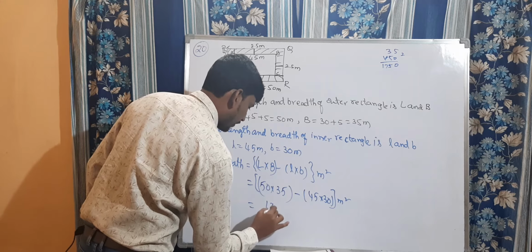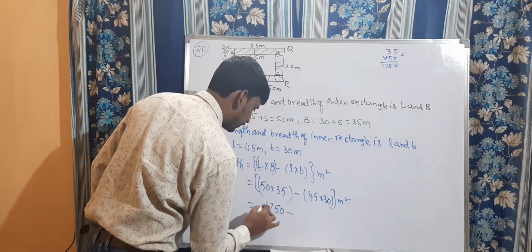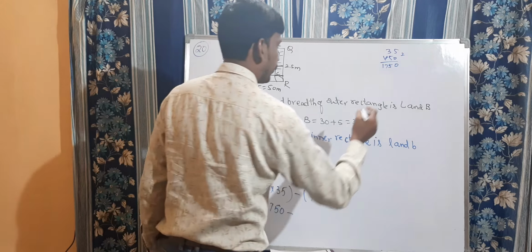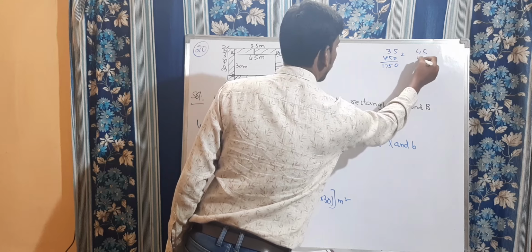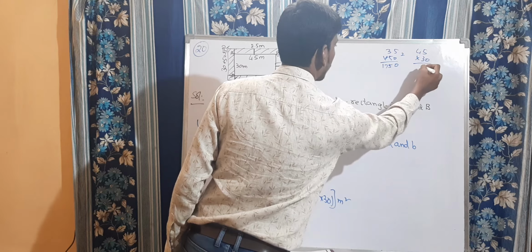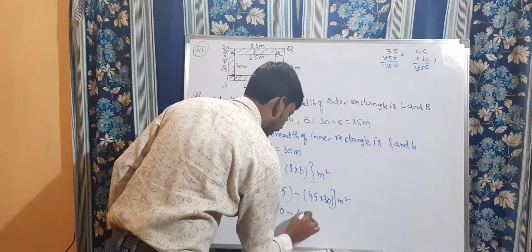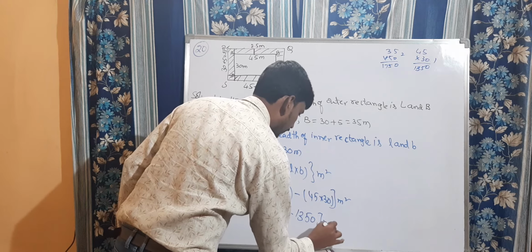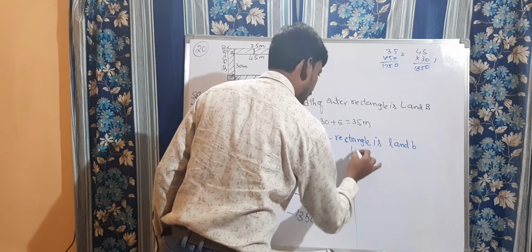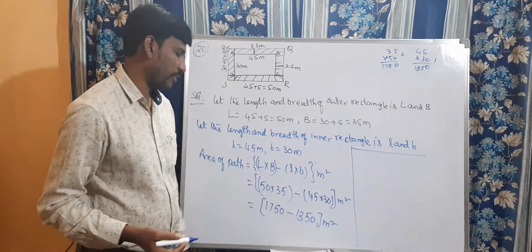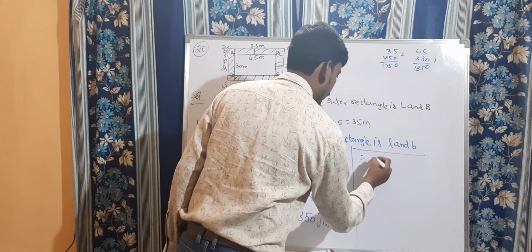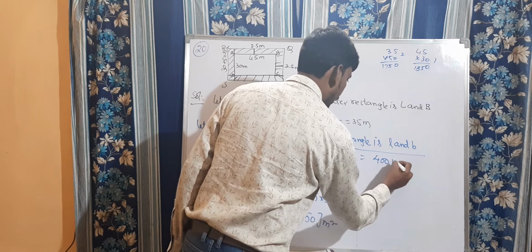This is 1750 minus 30 into 45. 0, 3 fives are 15, 3 fours are 12 plus 1, 13. This is 1350 meter square. So now, by subtracting those, 1750 minus 1350 is equal to how much? Which is equal to 400 meter square.